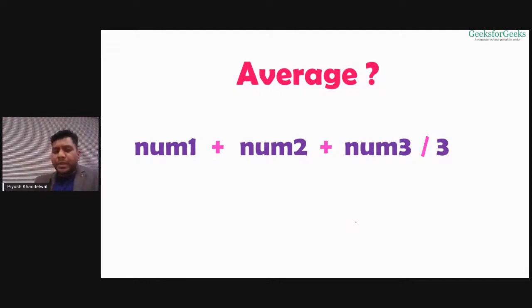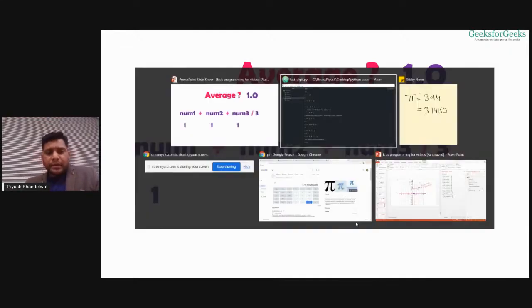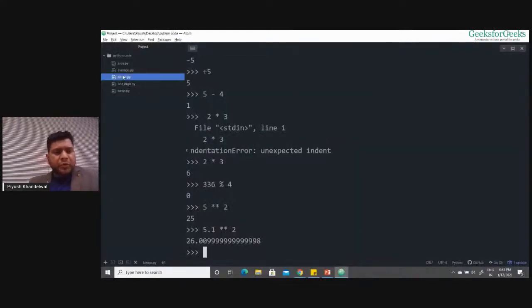If the value of num1 is 1, num2 is also 1, and num3 is also 1, then the average should actually be 1.0. This makes sense. If I'm computing the average of all ones, the average is going to be 1.0, right? Now let me write a program for this and see whether I'm getting the average 1.0 or not. Okay, so this could be my demo.py.